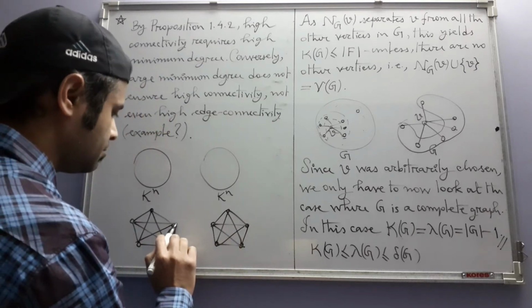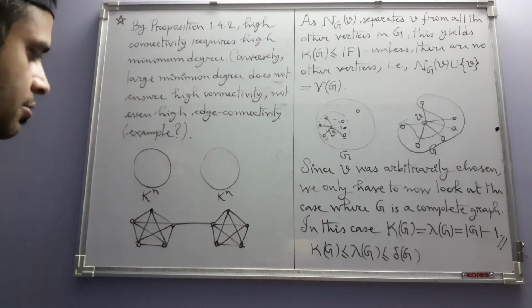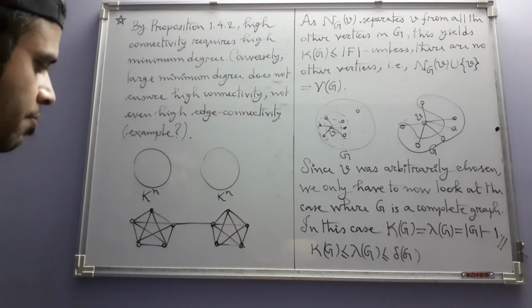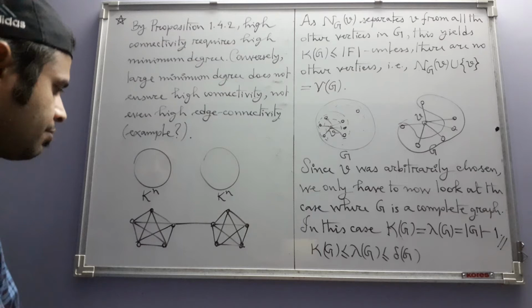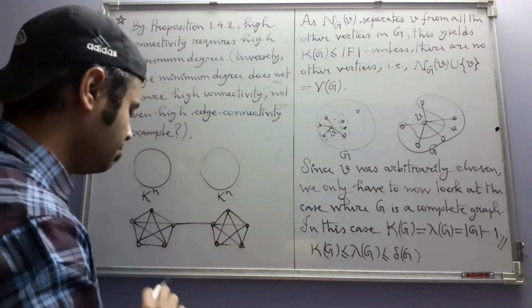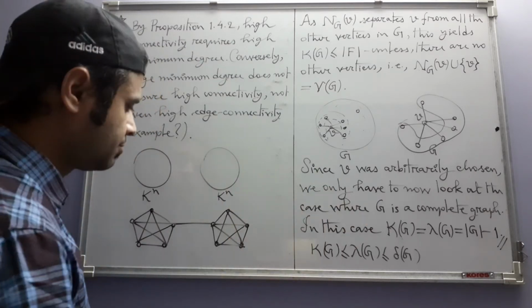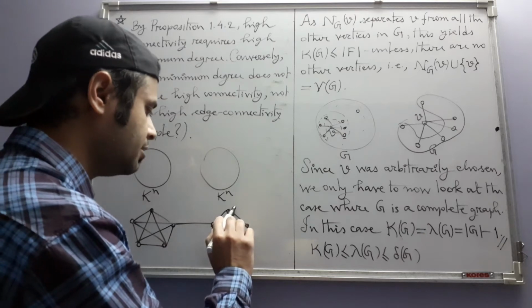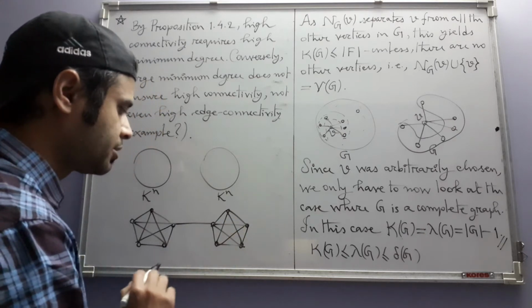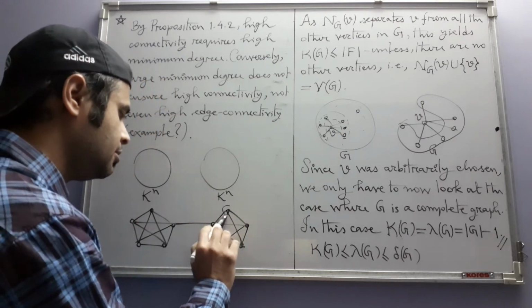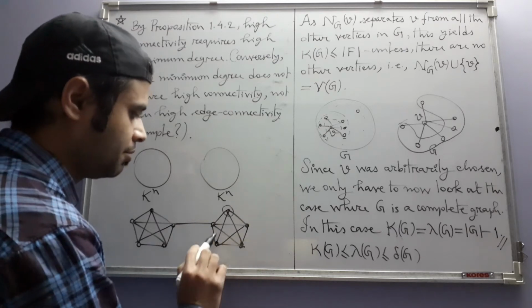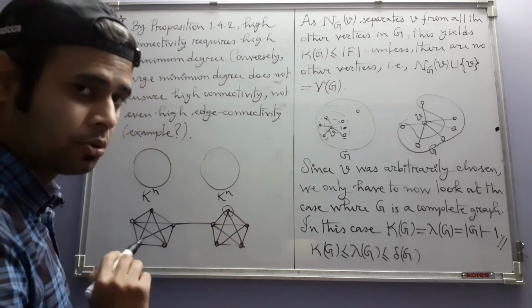And join them like this. Then what is the minimum degree of this graph? Minimum degree is n minus 1. For example, in this case, these vertices have minimum degree which is 4.